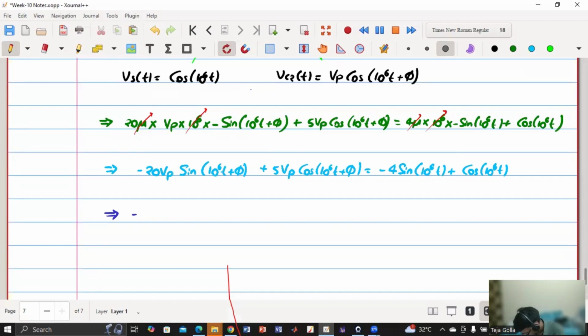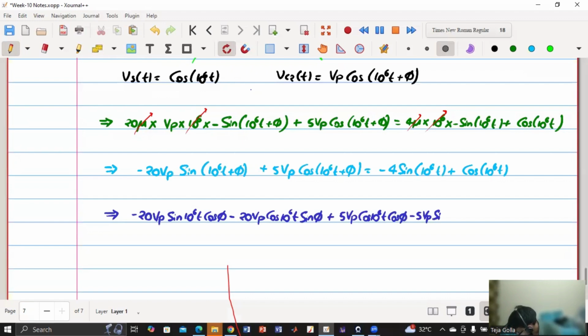So we have minus 20 Vp sin 10 to the power 6 t cos 5, minus 20 Vp cos 10 to the power 6 t sin 5, plus 5 Vp cos 10 to the power 6 t cos 5, minus 5 Vp sin 10 to the power 6 t sin 5. Let me know if I'm making any mistake. Now this equals, on the RHS, minus 4 sine 10 to the power 6 t plus cos 10 to the power 6 t.